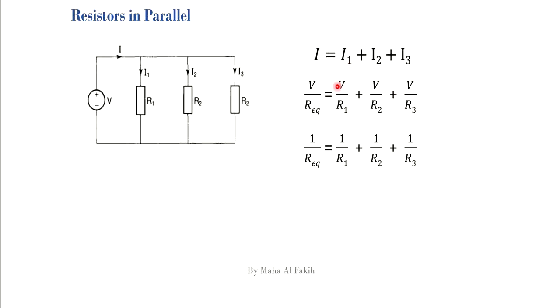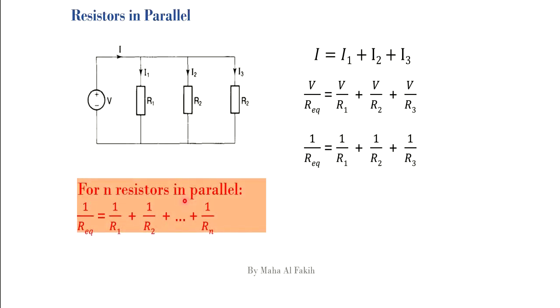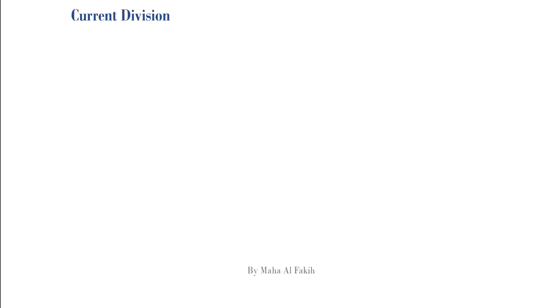Eliminating V from the numerator, we can write that 1 over R equivalent is equal to 1 over R1 plus 1 over R2 plus 1 over R3. And this is how we calculate an equivalent resistance for resistors connected in parallel. Now the general equation for n number of resistors is 1 over R equivalent is equal to 1 over R1 plus 1 over R2 until reaching 1 over Rn.